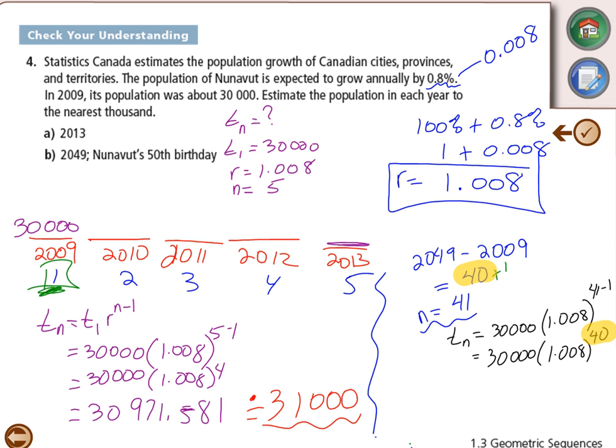So if you don't want to add 1, you can compensate by not subtracting 1 in the formula here. And this tells us that they should be about 41261.265. Again, a quarter of a person sitting there. Nearest thousandth, that's approximately 41,000 people living in Nunavut.